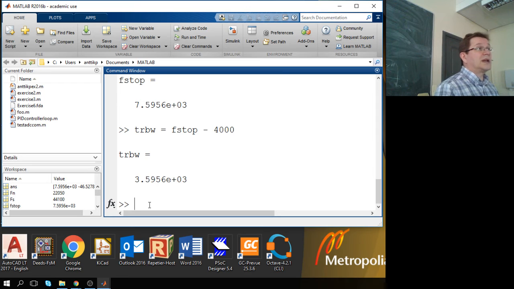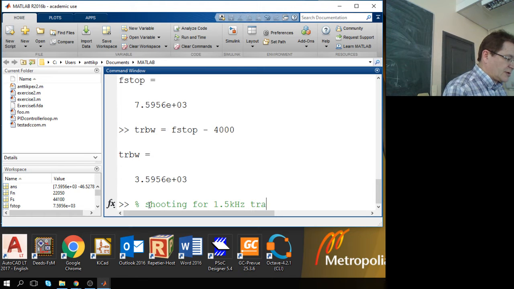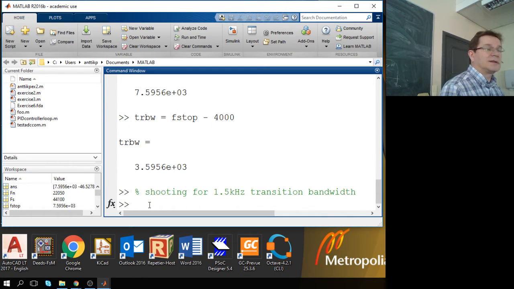If we want to decrease this one, for example, to 1.5 kilohertz transition bandwidth, we need to multiply the time by factor TRBW divided by 1,500.